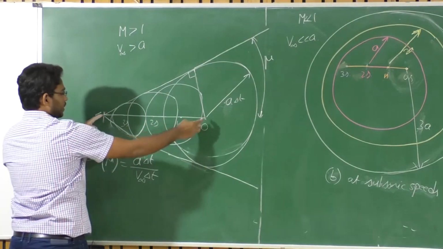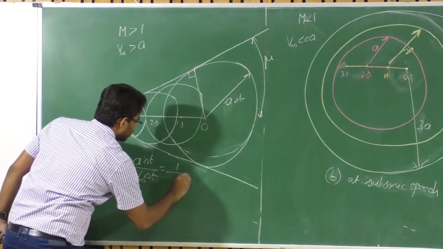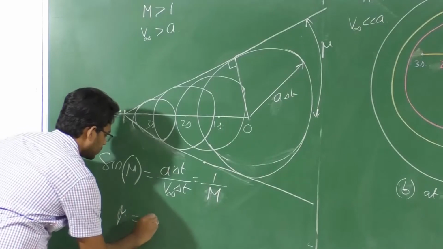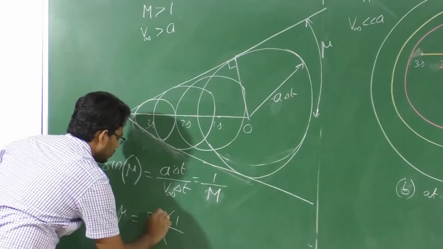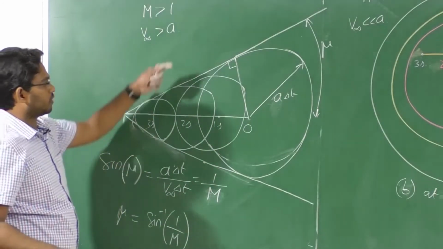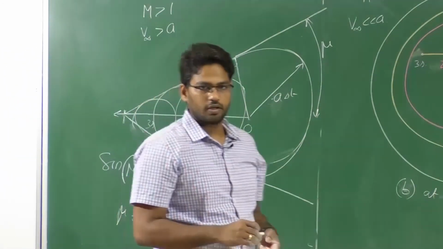This is V infinity times delta t. What you have is 1 upon M, so mu is equal to sine inverse 1 upon M infinity, the Mach number. What we call the Mach cone.